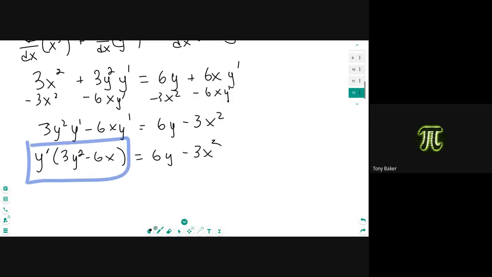What operation is that now? Y prime times the parenthesis. How do you get rid of multiplication? Divide.